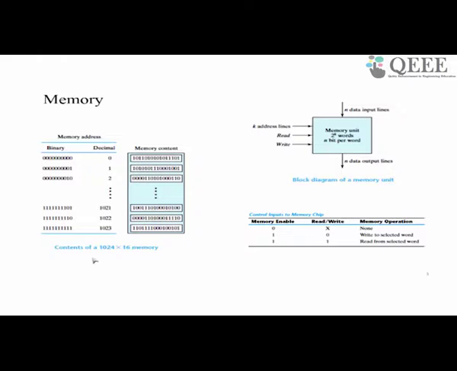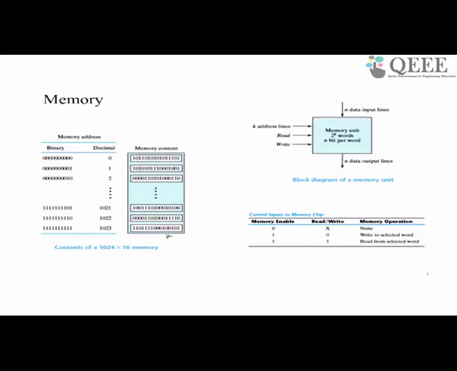So here you can see a memory consists of a number of locations or registers. Each location has to be given a unique address, which is a unique identifier, and in this case we have taken an example where the memory has got 1024 address locations.